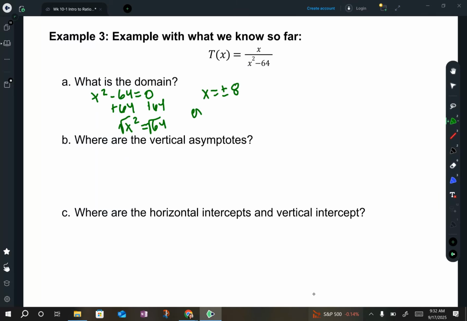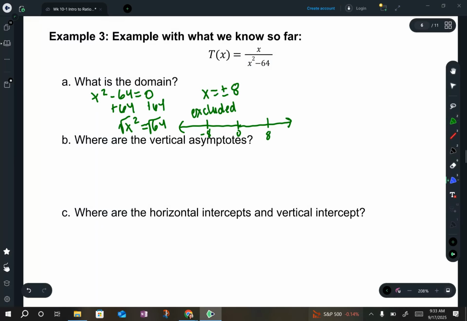These are excluded values. I'm just going to draw a quick number line here before I do my interval notation, to remind people how to do that. So here's negative 8, here's 0, here's 8. And our domain is everything up to negative 8, but not including it. Everything between negative 8 and 8, but not including them.